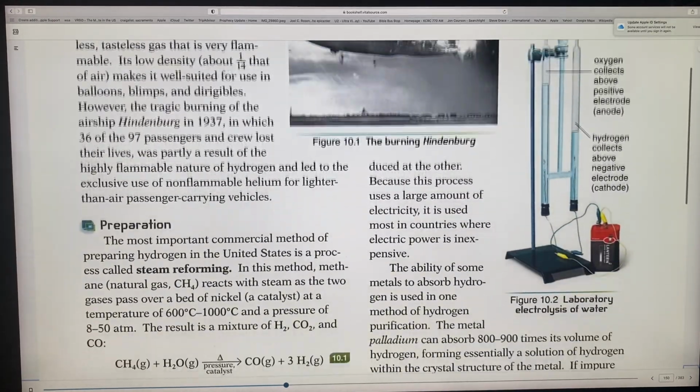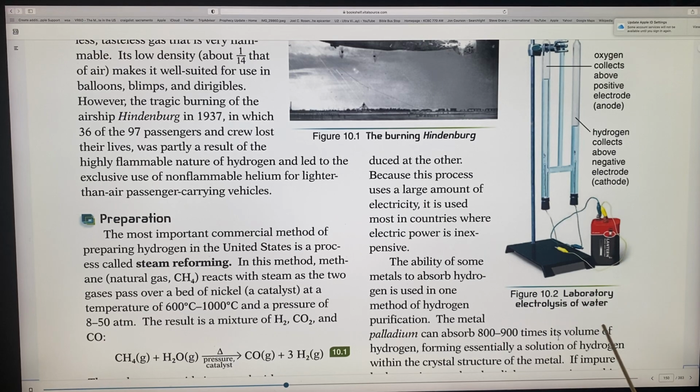Here's a picture of the laboratory electrolysis of water, and how they do that with the cathodes. They put electric current through the water to get the hydrogen to come out. This is important: the ability of some metals to absorb hydrogen is used in a method of hydrogen purification.